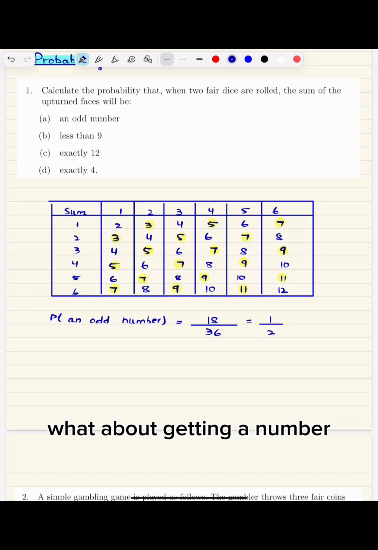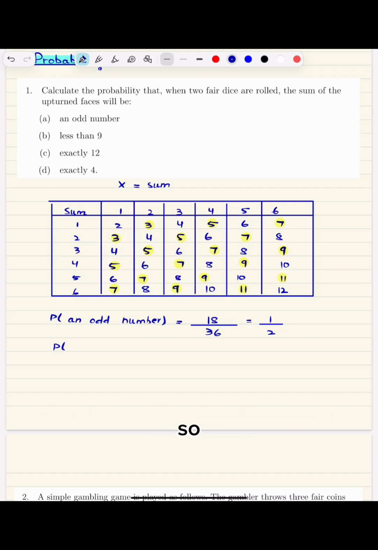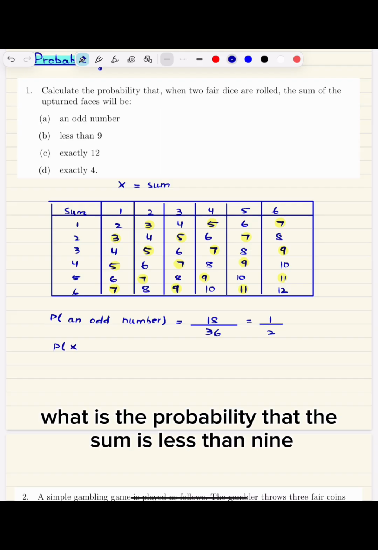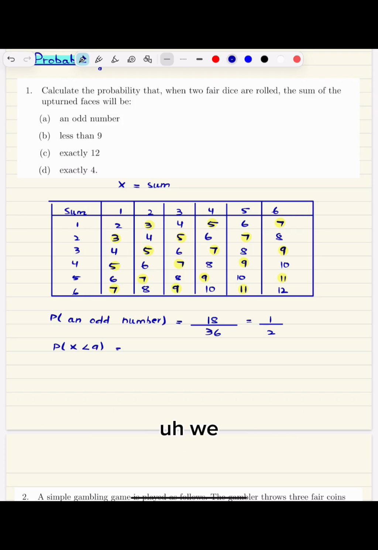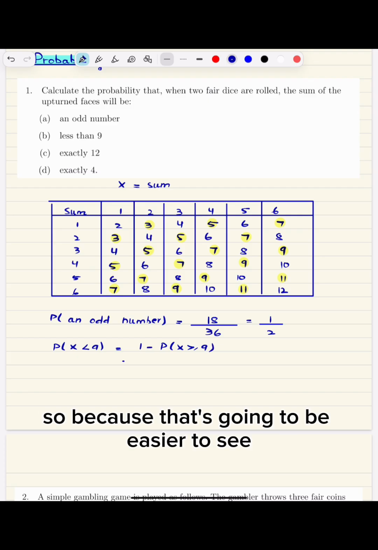Okay, what about getting a number less than 9? Let's define x as the sum of both dice. So what is the probability that the sum is less than 9? We can equally write this as 1 minus the probability that the sum is greater than or equal to 9, because that's going to be easier to see.